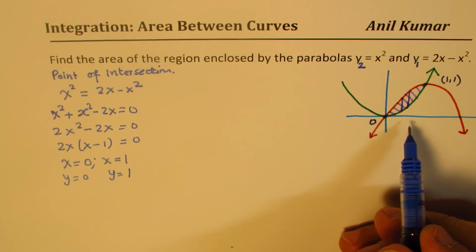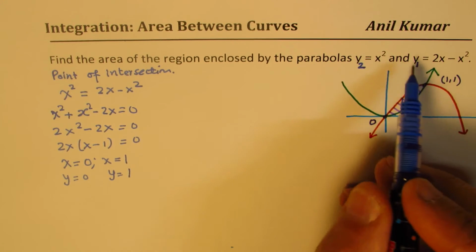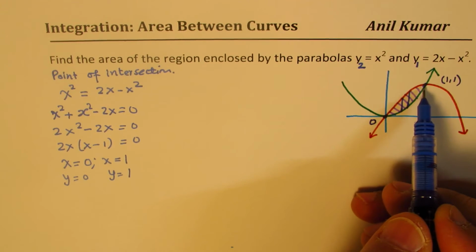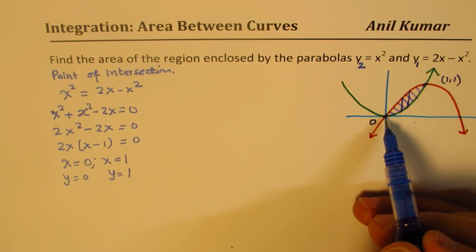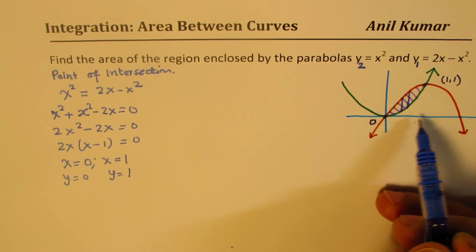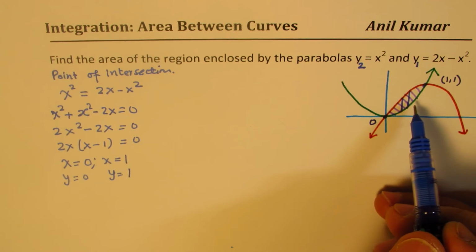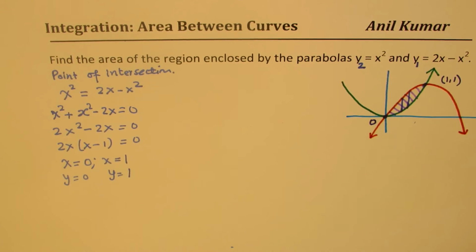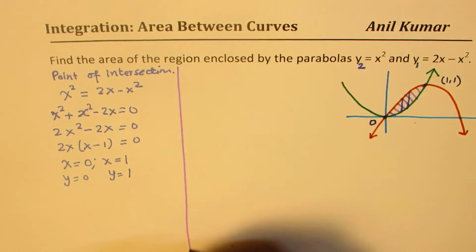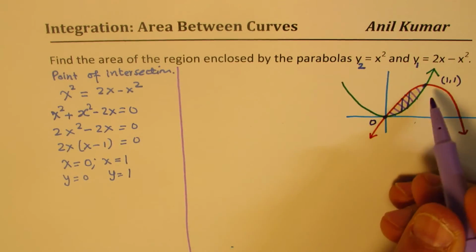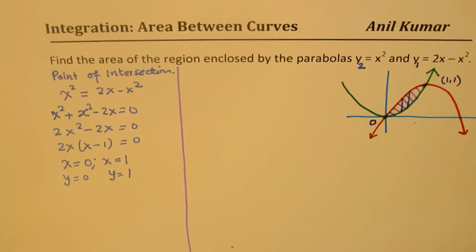So let's find the difference between these two curves, and we know the interval is from 0 to 1. So we can find the area by finding the expression for the difference between these two curves, right?